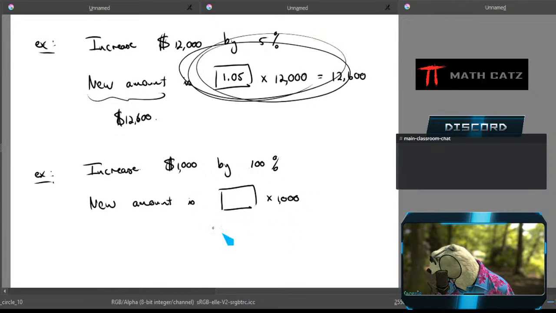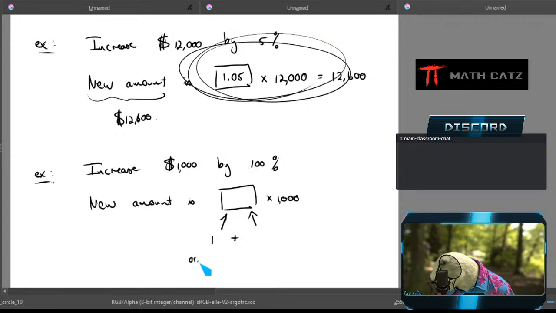The look of this calculation doesn't change. What is this decimal number? Well, I'm increasing from my base, so I know I'm going to get 1 plus something else. The decimal version of 100%.